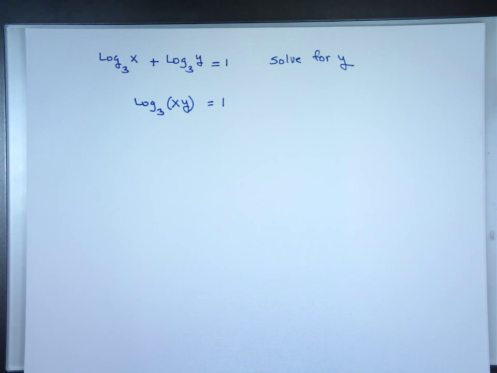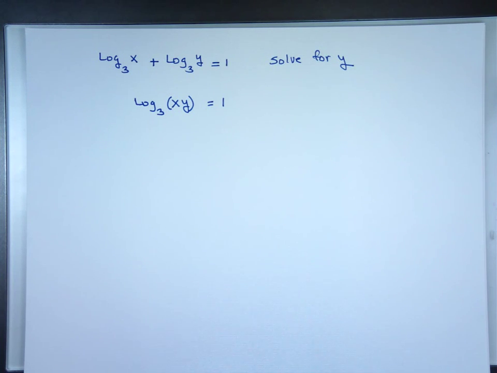Maybe multiply each side by log base 3. That won't cancel the log base 3. Look at rule number 3. Rule number 3 is the one you want to use when one side has the log and the other side doesn't. The log only on one side.